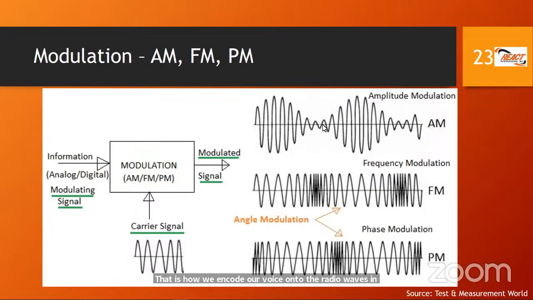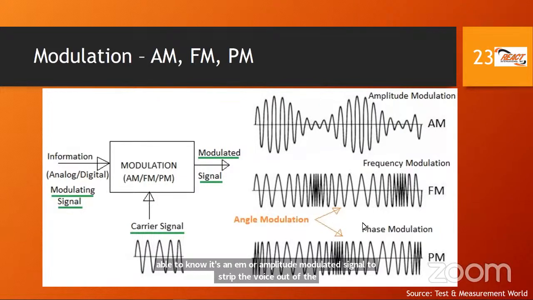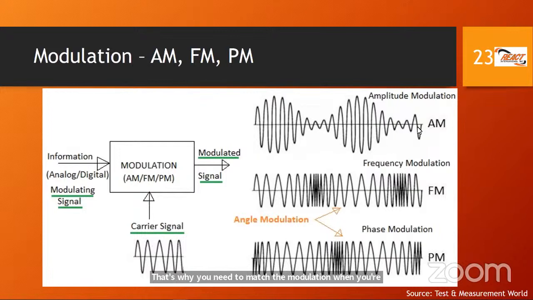And of course, on the other end, the receiver will also have to speak that protocol and be able to know it's an AM or an amplitude modulated signal to strip the voice out of the carrier. By knowing it's AM, FM, or phase modulation, that's why you need to match the modulation when you're receiving as well. You need to know what it's transmitting as the modulation, and you need to match the receive side with the same modulation.